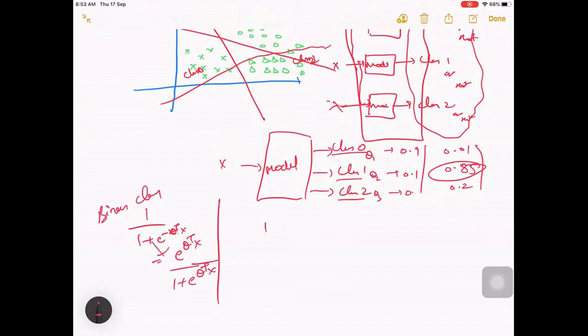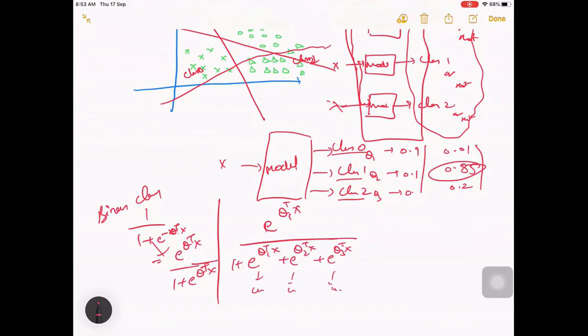Similarly, what we can have here is e power theta 1 x divided by e power theta 1 x plus e power theta 2 x plus e power theta 3 x. Okay, this is for class 0, class 1, class 2.